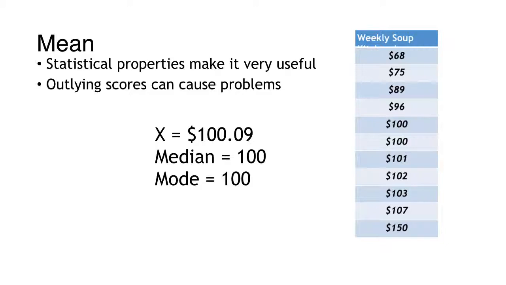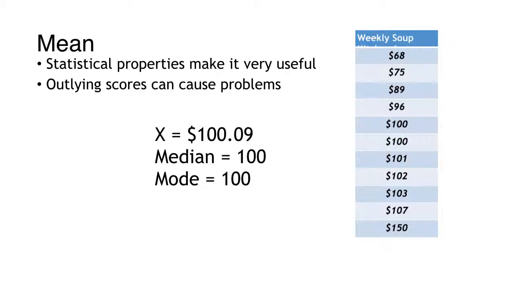And so you can see I've ranked these out, and the mean income per week is $100.09. The median is 100. Think back to what that means. And the mode is also 100, the most frequent. So that gives me a sense of what the group is like.